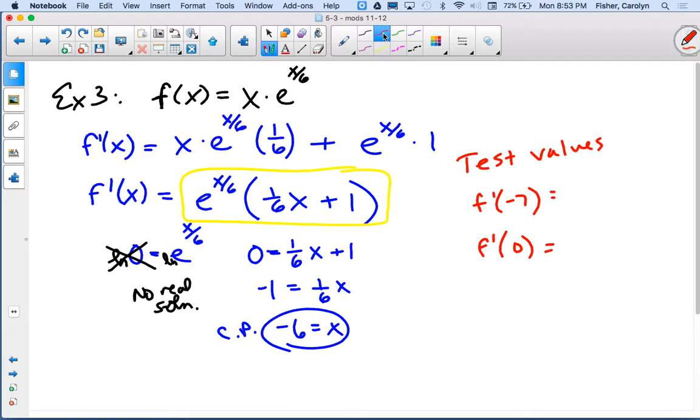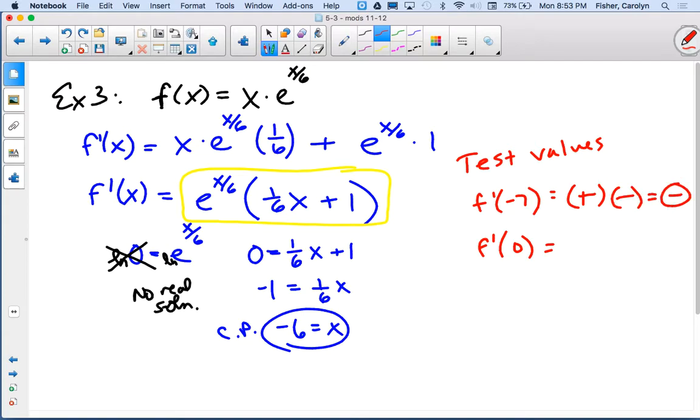Now you really got to think about this. I'm trying to do this without my calculator. E to the -7 over 6 is really, remember, negative power just drops it to the denominator. So it's 1 over e to the 7 over 6. But that's still going to be positive. So all I care about is signs. That's going to be positive. And then I've got 1/6 times -7. That's -7/6 plus 1, which is going to be a negative, giving me a negative.